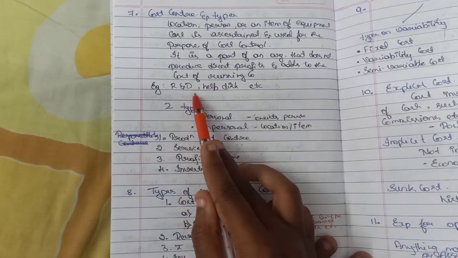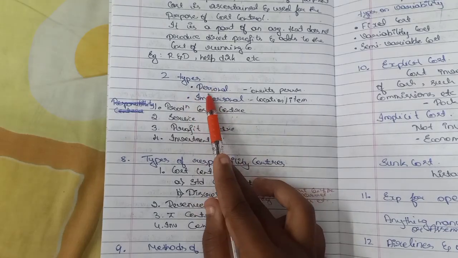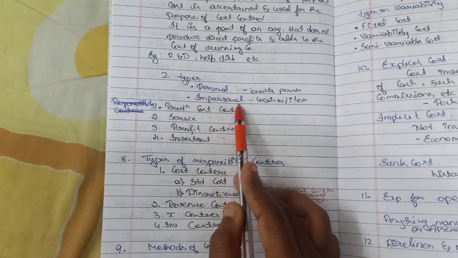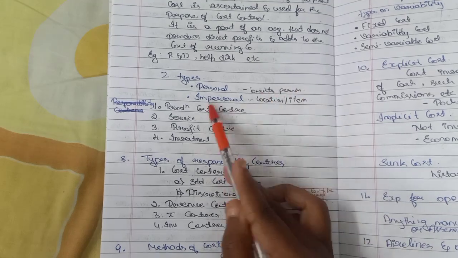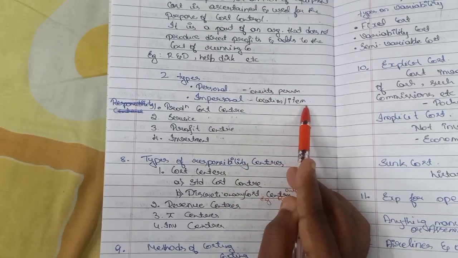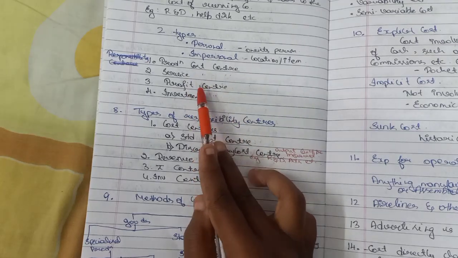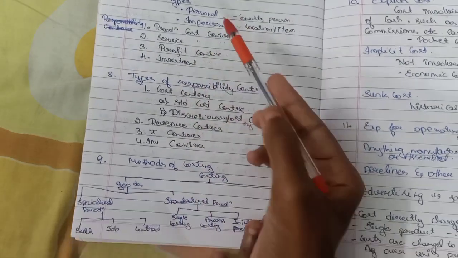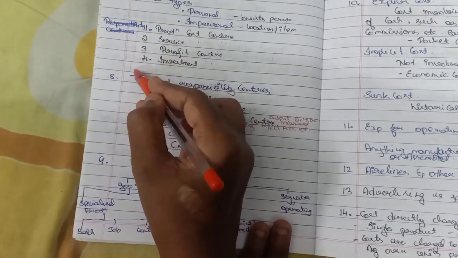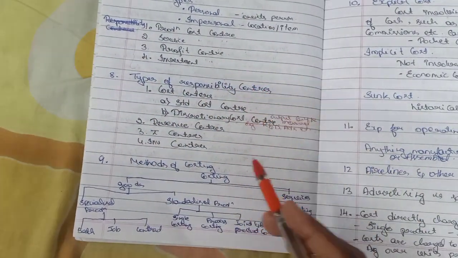Example, research and development, help desk, etc. Two types are personal and impersonal. Personal consists of persons, like humans. Impersonal means location or item. Production cost center, service cost center, profit center, investment center. These are the centers that we'll be seeing in cost center and the types.